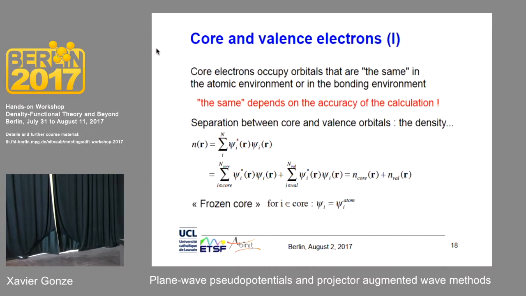Let's first make a distinction between core and valence electrons. We know from ordinary chemistry that only a fraction of the electrons really takes part in the forming of the bonds. By contrast, the core electrons are those that occupy orbitals that are the same in the atomic environment or in the bonding environment.